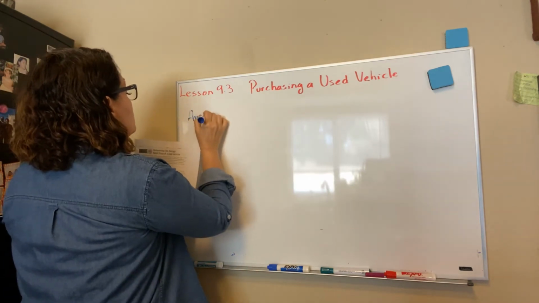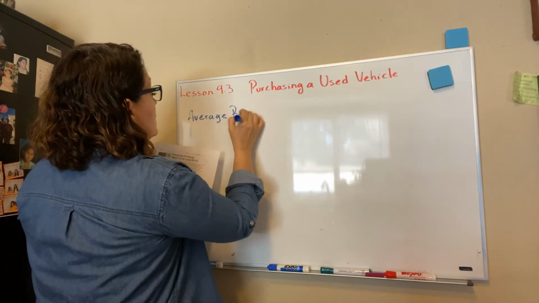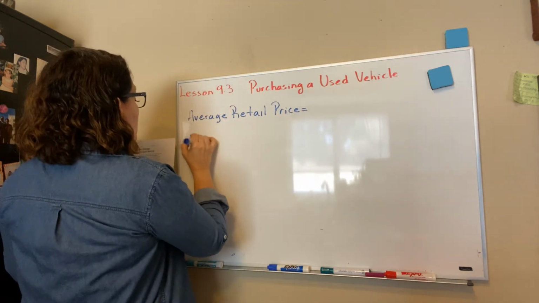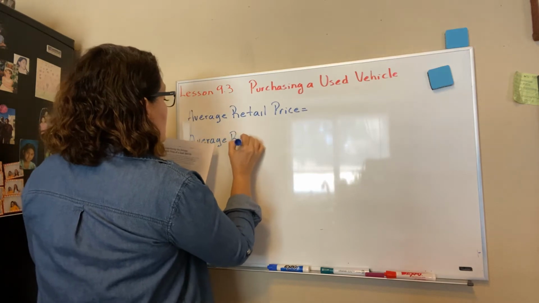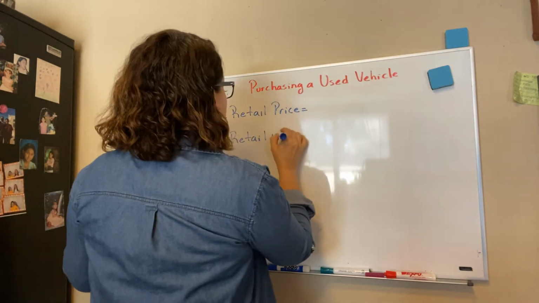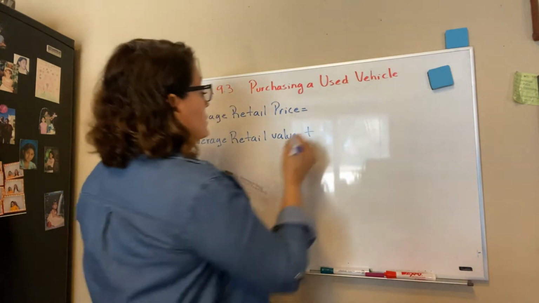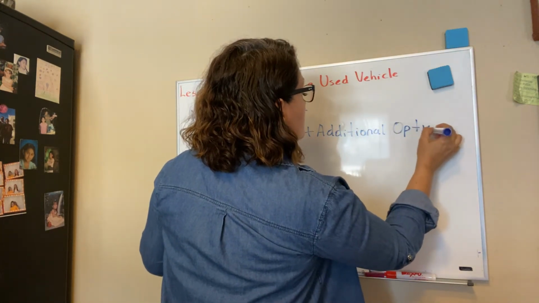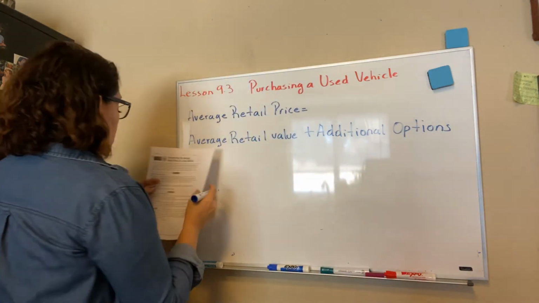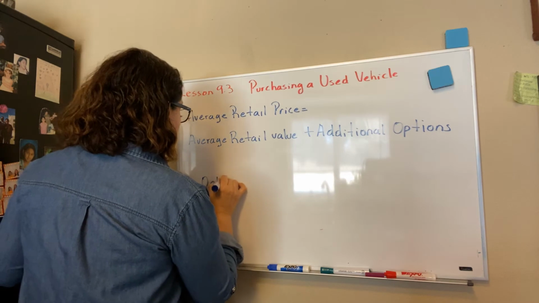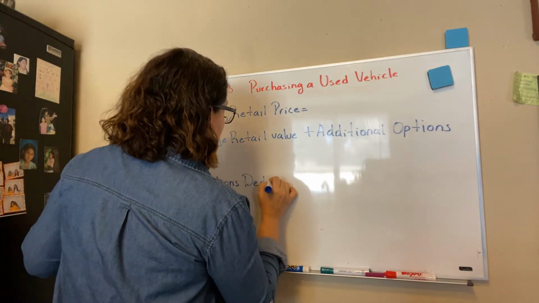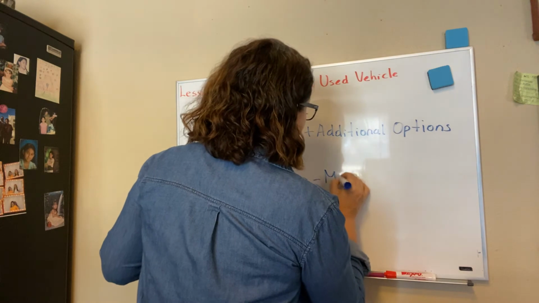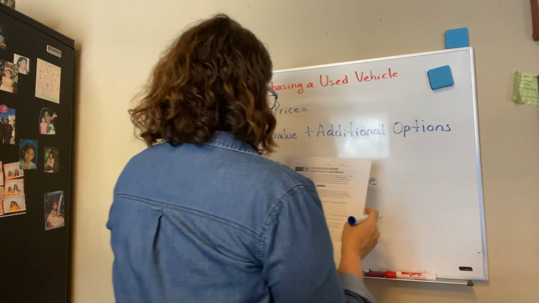The average retail price is equal to the average retail value, plus additional options, minus options deductions, and this one is very, very important, minus the miles deduction.